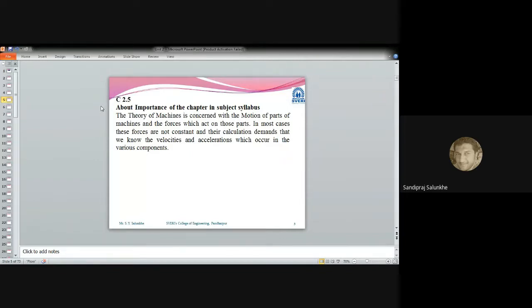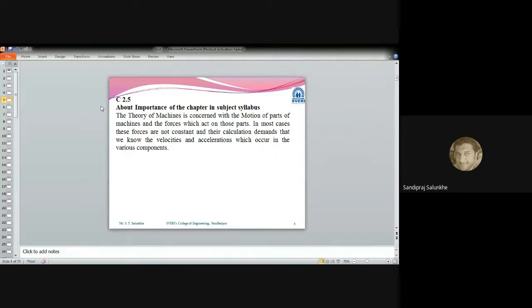The next point is about the importance of this unit in the subject syllabus. Once you understood the basic things required for the mechanism, that is links, joints or pairs, then the chain, kinematic chain, then mechanism and its inversions, we have to go to the next step and find the velocity and acceleration in that mechanism, so that we can make this skeleton a working model and achieve the next step as machinery, where a power source is required and there will be output work.